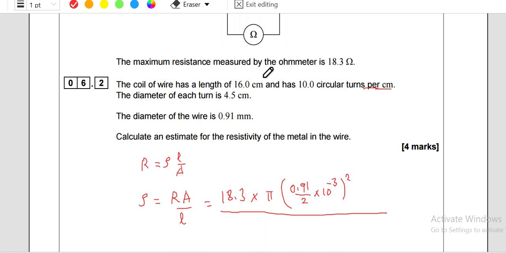And if we multiply this 160 by the circumference of a turn, which is 2πr, where r is the diameter of the turn divided by 2, then we can get it.